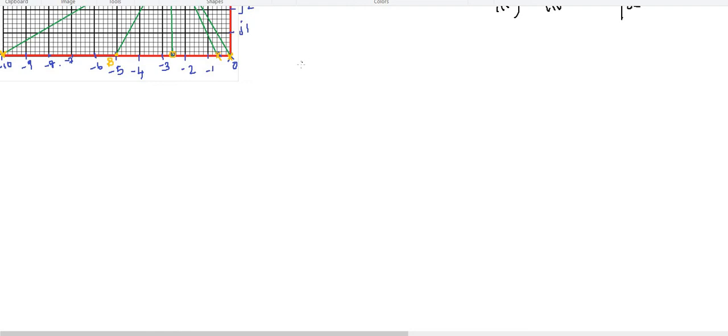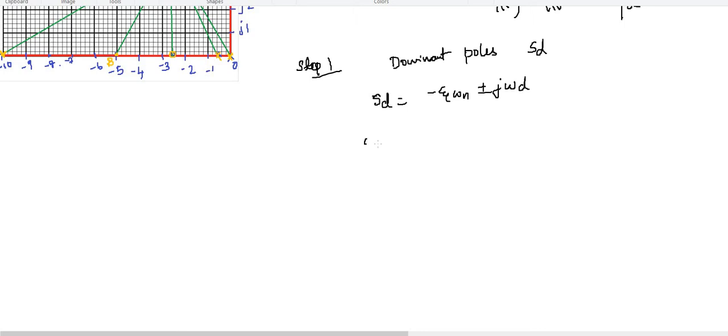First we have to find out the dominant pole or dominant poles of the system, that is s_d. s_d is equal to minus theta omega n plus or minus j omega d, where omega d is the damped frequency of oscillation, and we can write it as omega d equal to omega n into square root of 1 minus theta square.